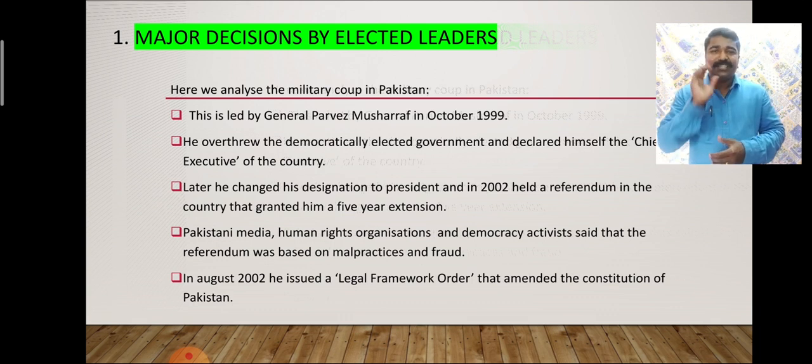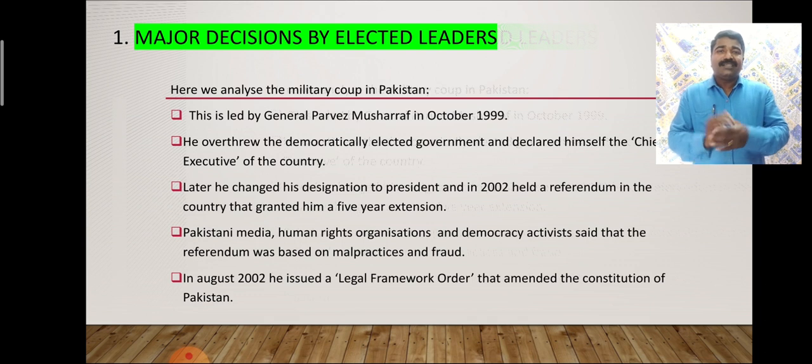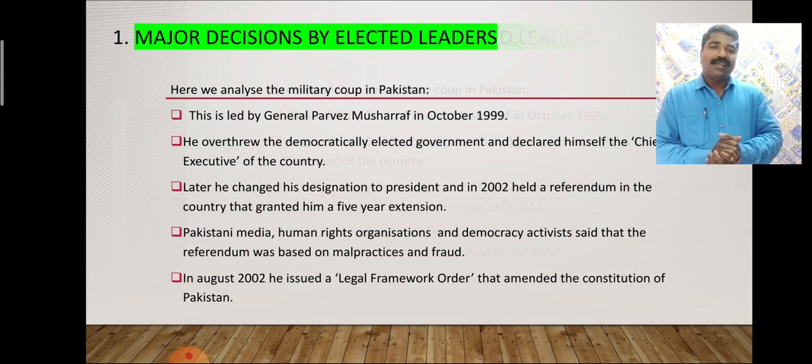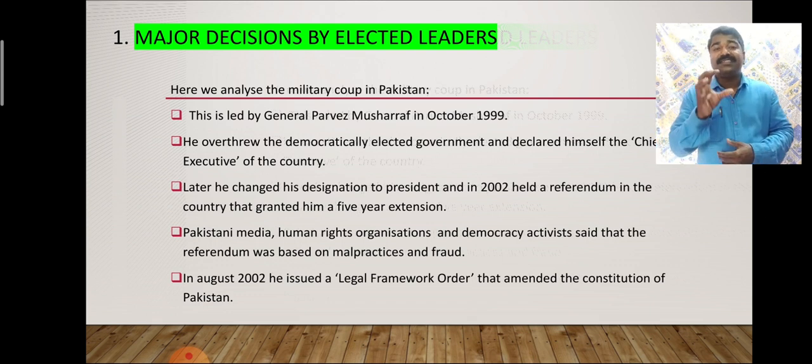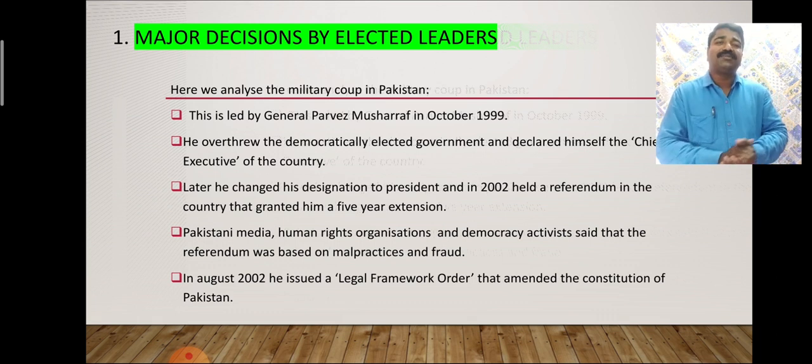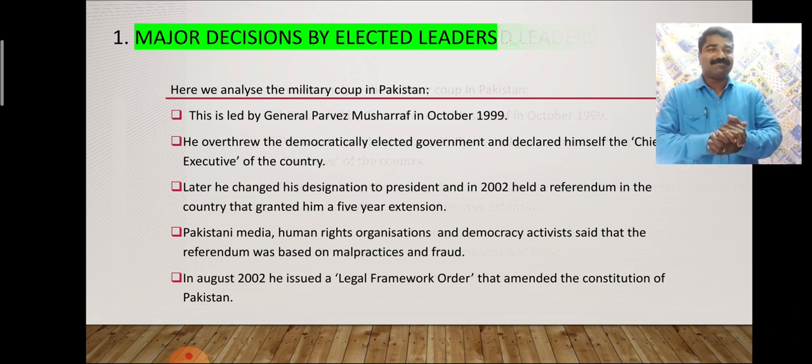The media, human rights activists and democracy activists were against this particular referendum. They argued that it was based on fraud and malpractices.